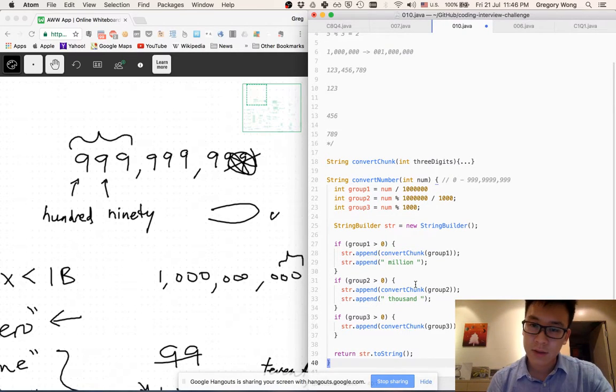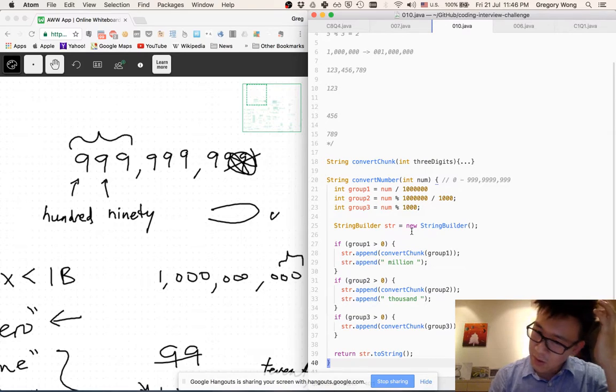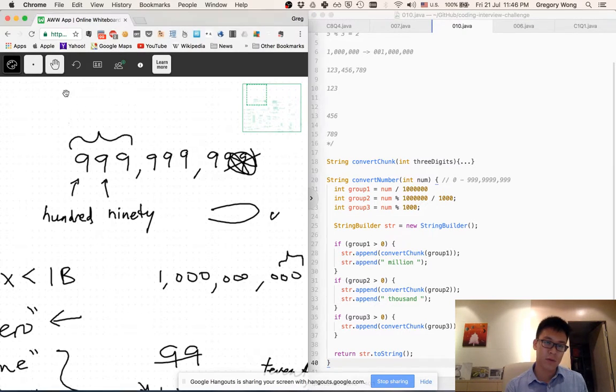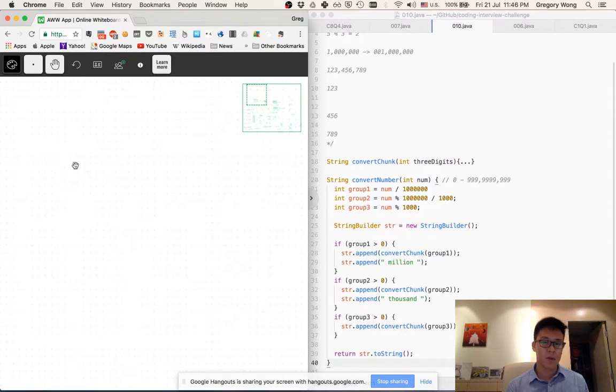That's the right convention. So let's walk through the example. Let's walk through 3 examples actually, or 2 at least.